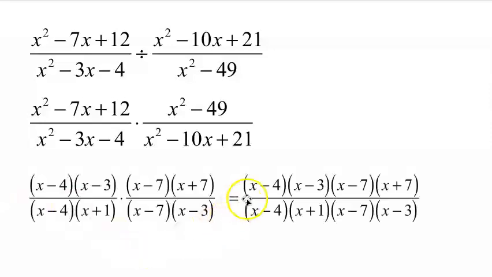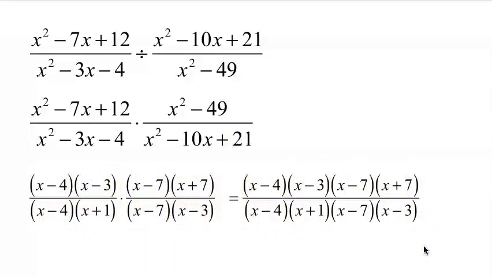So I factored them, and then I wrote them together as a single fraction. Putting them all together, x minus 4, x minus 3, x minus 7, x plus 7 on top, x minus 4, x plus 1, x minus 7, x minus 3 on the bottom.